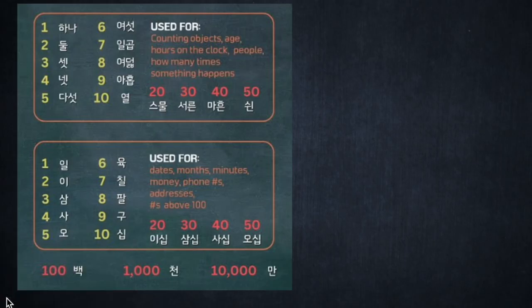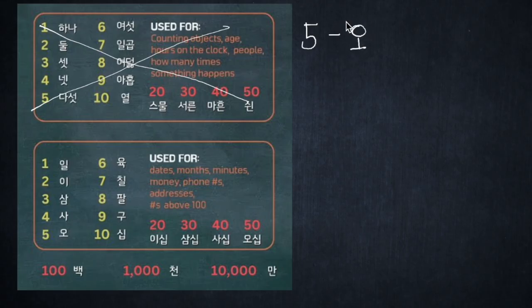Let's continue to practice reading some numbers here. Try to pause me after each question and answer. So we're not using this right now, we're just using this one. What is 5? 5. What is 10? 10.